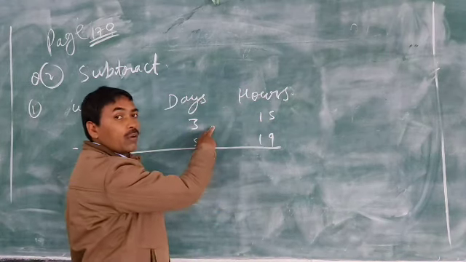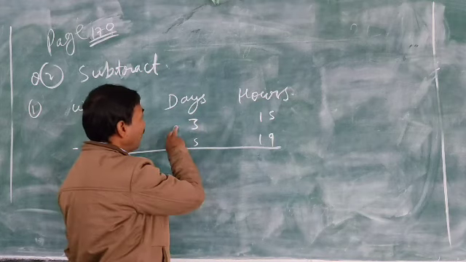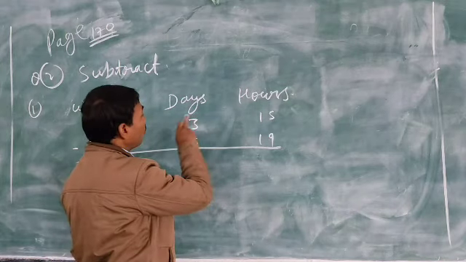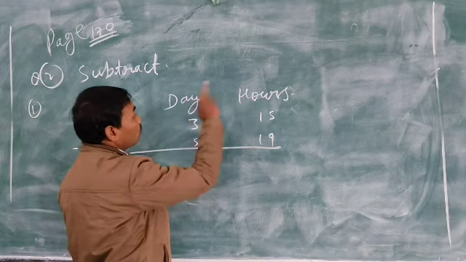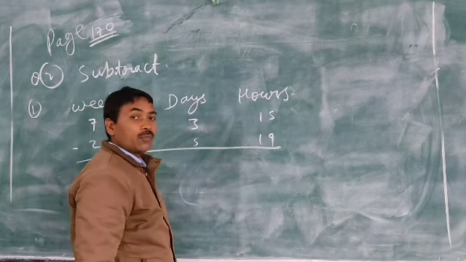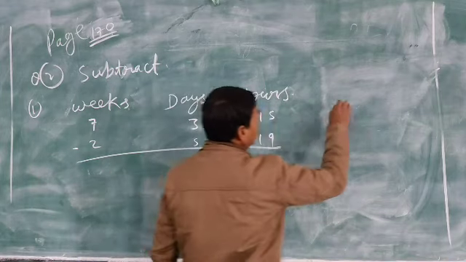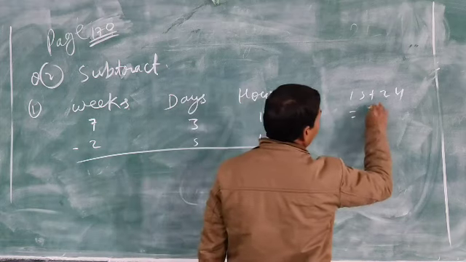So take a borrow from days, and you know that one day makes 24 hours. If you take a borrow from days, one more, so here it will be increased by 24. So 15 plus 24 will be 39.